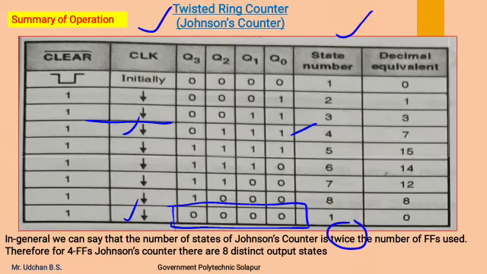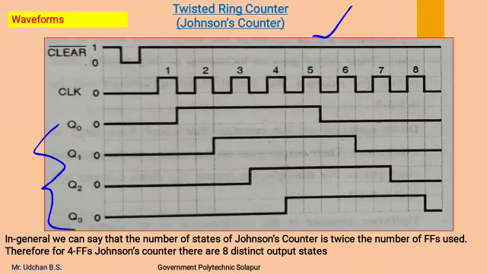If we would have used 2 flip-flops, then we would have got 4 output states. Now based on this summary, the waveforms are drawn. These are the signals for output lines. This is the clock pulse and this is the clear input terminal, which is used to have the initial outputs of each flip-flop.